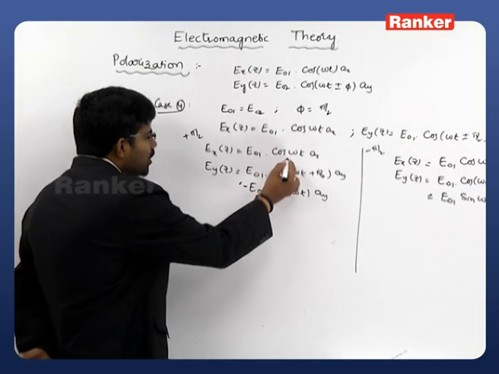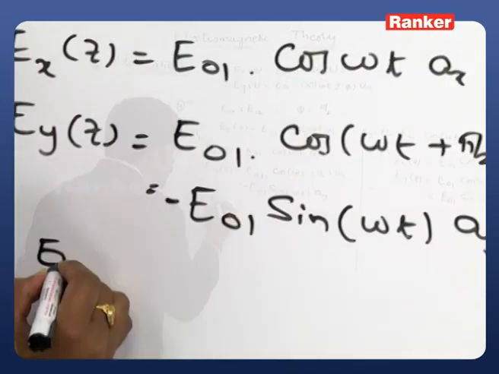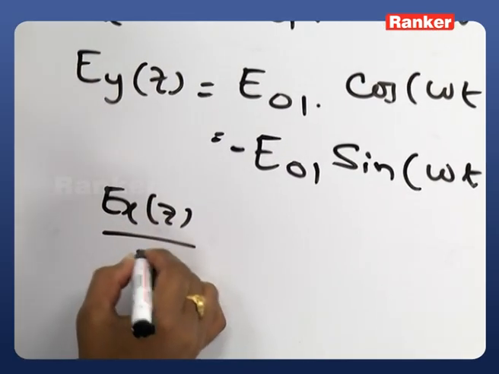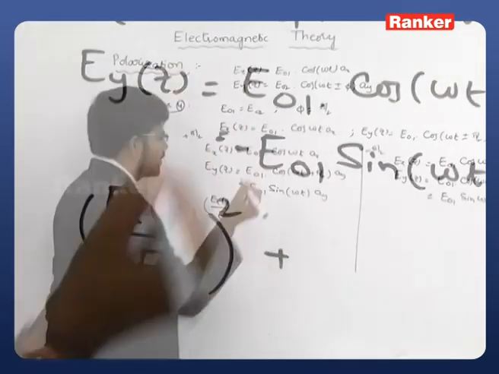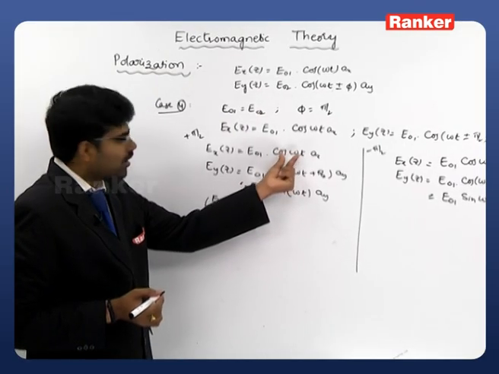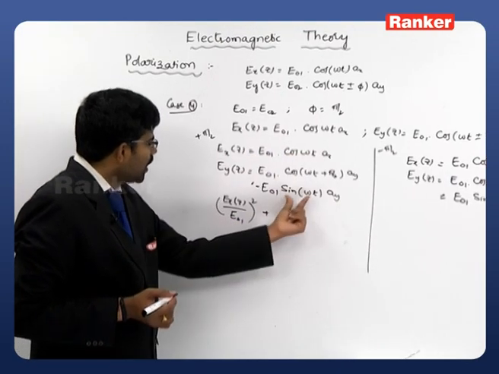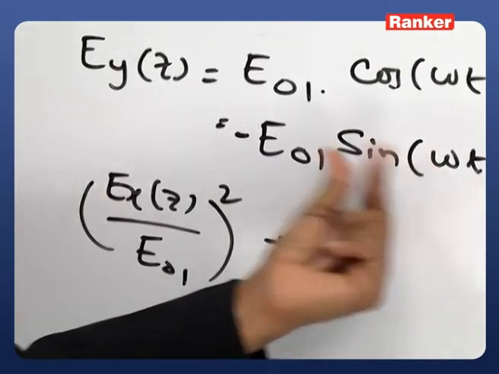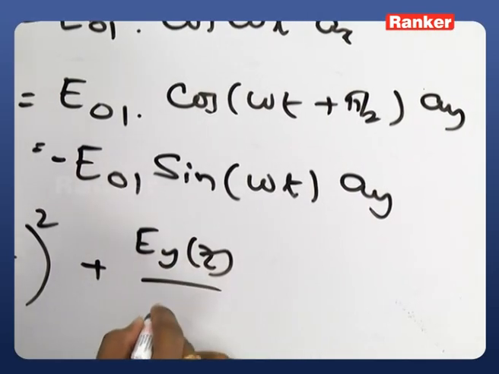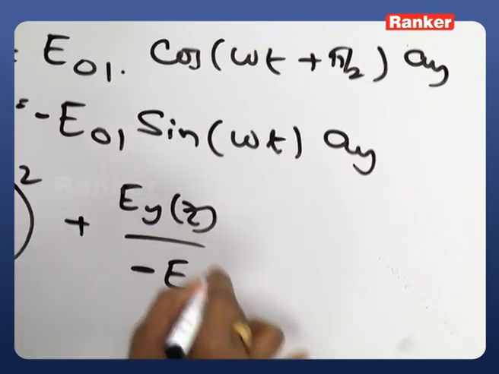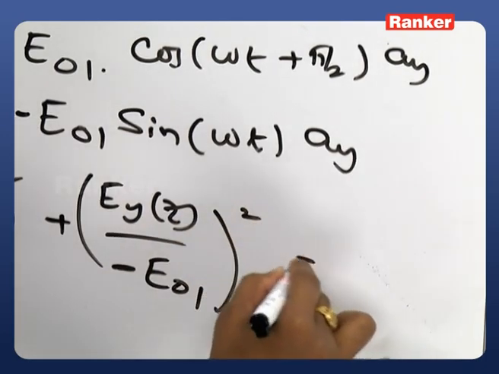So the cos square omega t is nothing but Ex of z divided by E01 whole square, plus, from this one, write down the sin square omega t, which is Ey of z divided by minus E01 whole square, which is equal to 1.